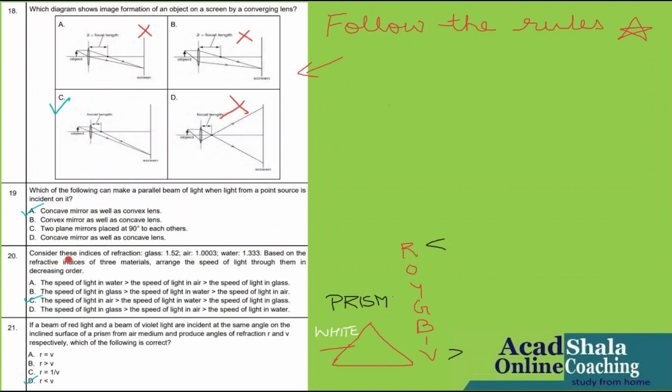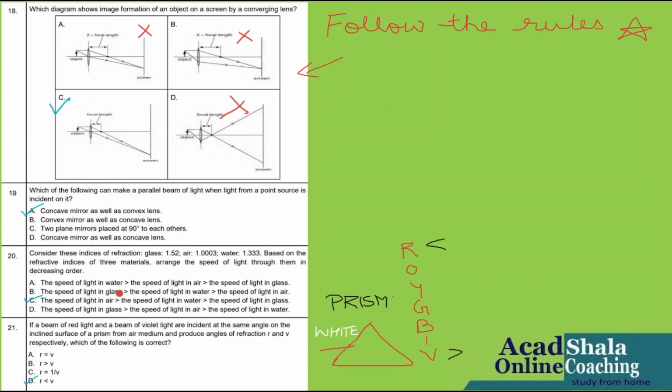Next question. Consider these indices of refraction: glass 1.52, air 1.0003, water 1.333. Based on the refractive indices of the 3 materials, arrange the speed of light through them in decreasing order. Now, first we should know which will have the higher speed of light.